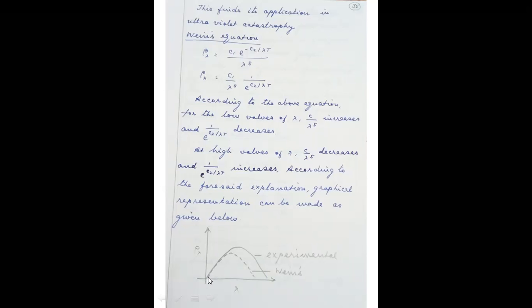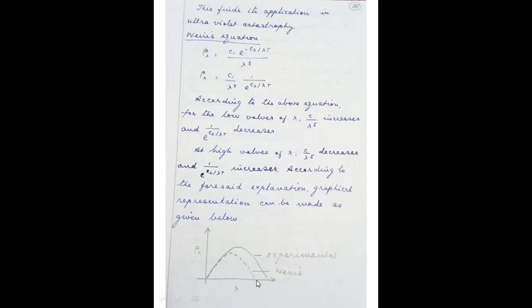So when lambda is low, this factor increases and that one decreases, therefore it goes up. When lambda is high, this factor decreases and that increases. But the decrease is much faster than the increase. So the graph increases like this and then decreases like this. So I can say Wien's equation holds good in the lower wavelength region, but it is a failure in the higher wavelength region.